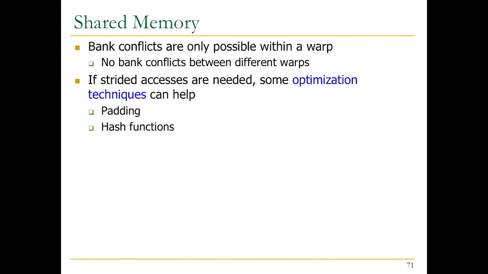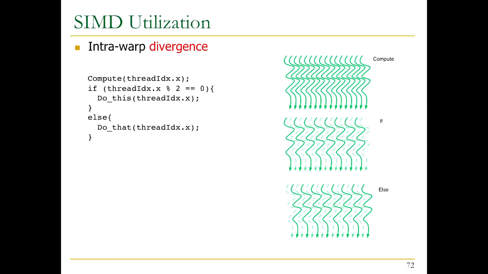Okay, it's only 3 minutes to finish, but I want to very quickly go through the next topic, which is the SIMD utilization, the branch divergence, or the intra-warp divergence. And even though in some cases this is not avoidable, in some other cases it might be, right?